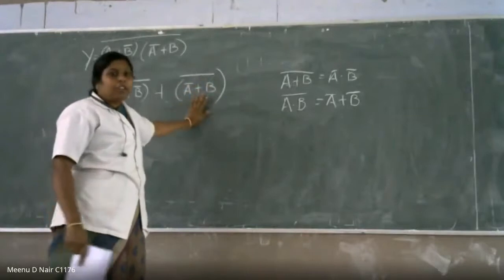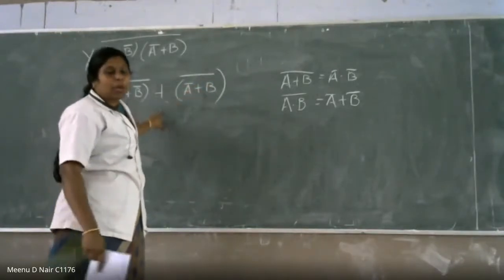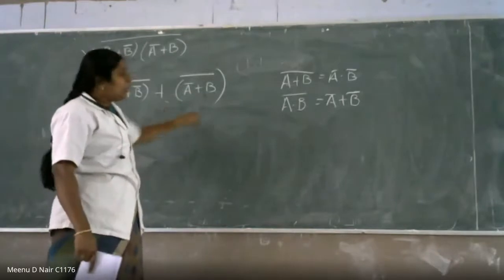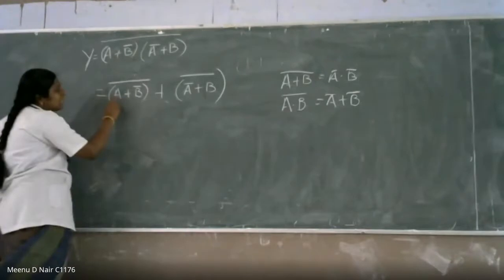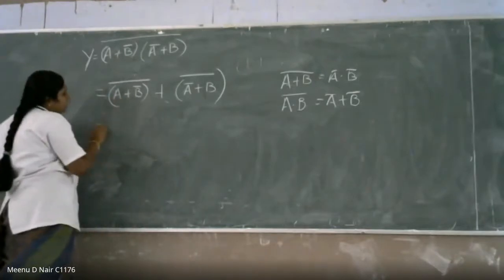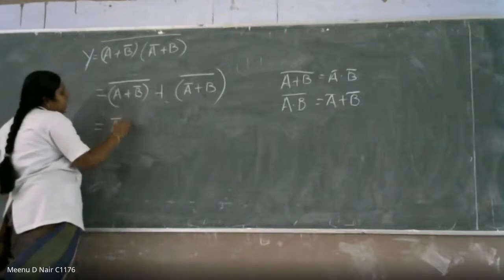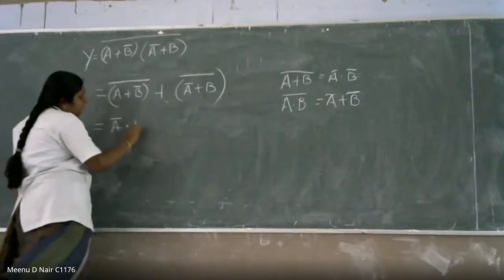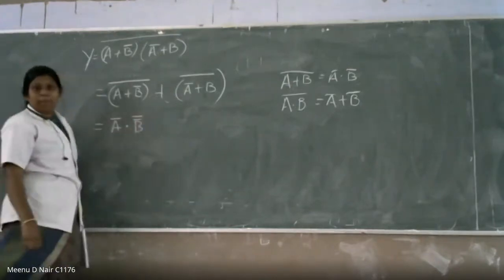Now again what you have to do? Again you have to apply De Morgan's theorem. This is now again in the form of De Morgan's theorem, right? So now what are you going to do? This is A plus B bar whole bar. How are you going to take the De Morgan's? It will be A bar into B bar whole bar, B double bar.